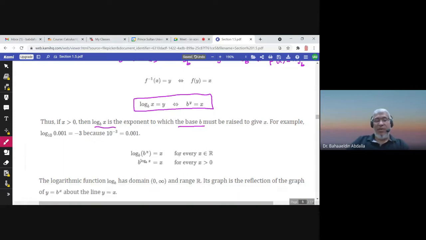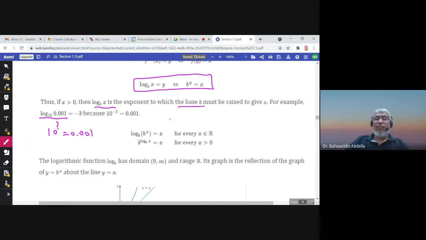So for example, to find this log, you think of 10 to which power equals 0.001. Then you realize that 10 to the power negative 3 equals this number. So this log would be negative 3. So this is what this definition says.